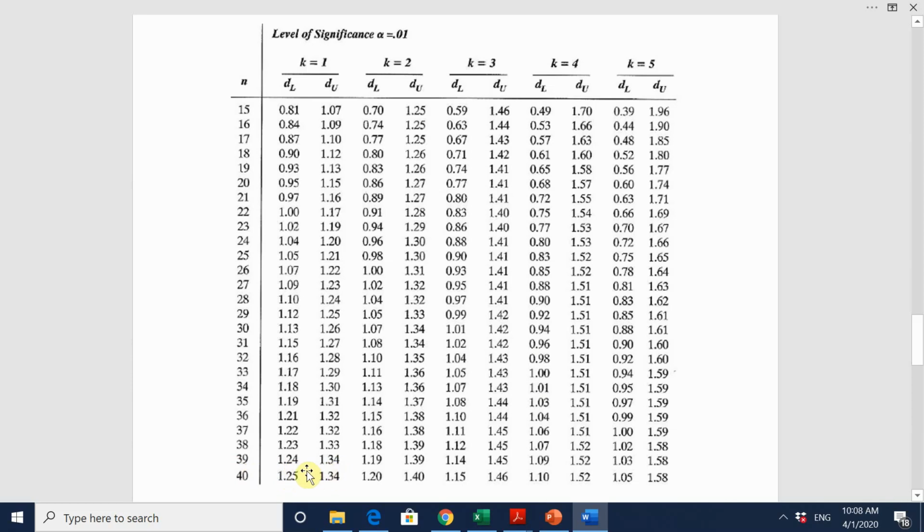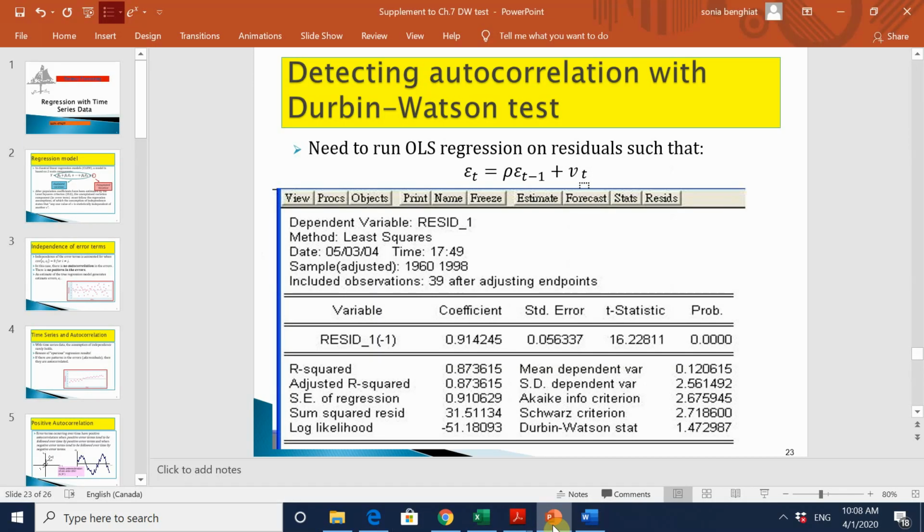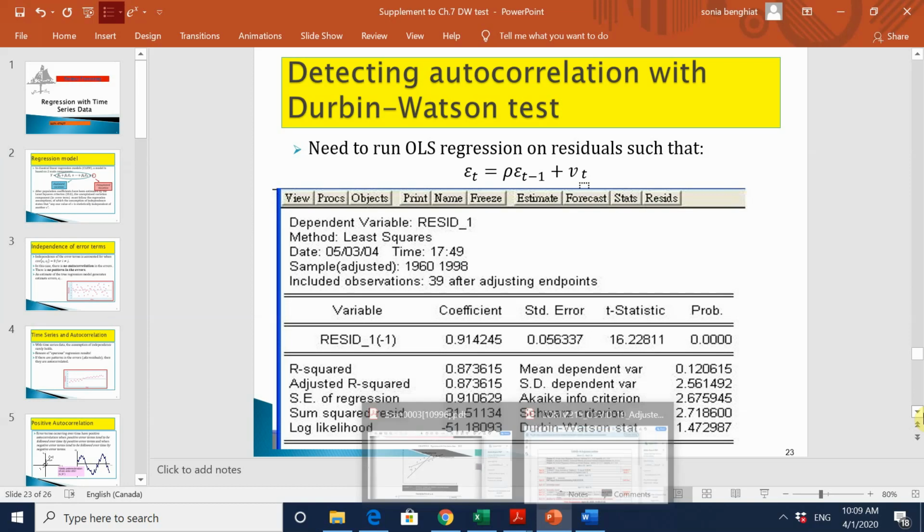I see clearly that my Durbin-Watson statistic is greater than the upper limit of the critical Durbin-Watson value. Let's go back over here.